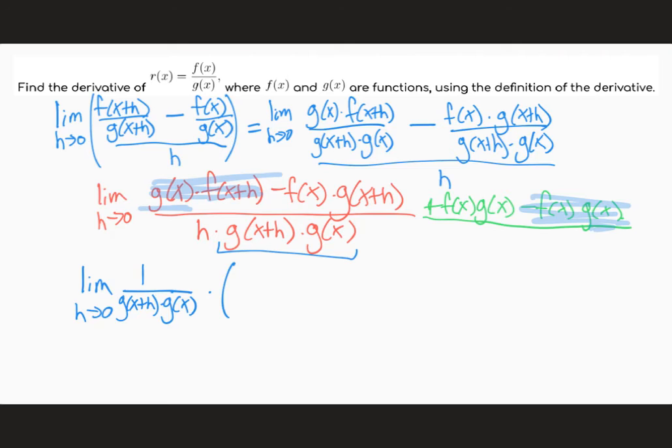That's going to become, I did not mean to still be in highlighter mode, g of x times f of x plus h minus g of x and f of x. I was right, g twice. All right, that's going to be over h.